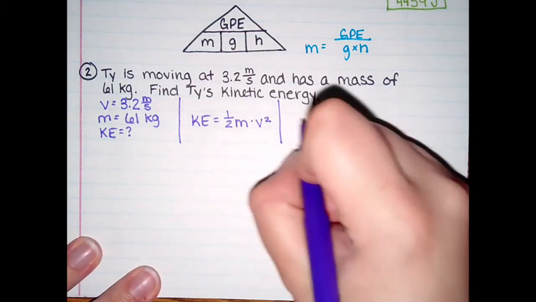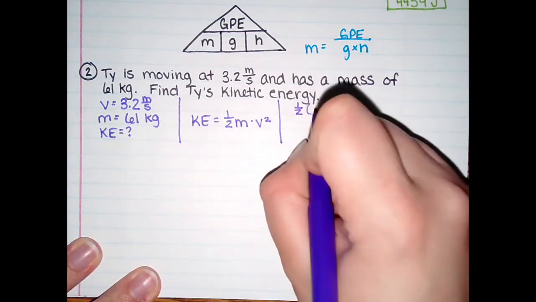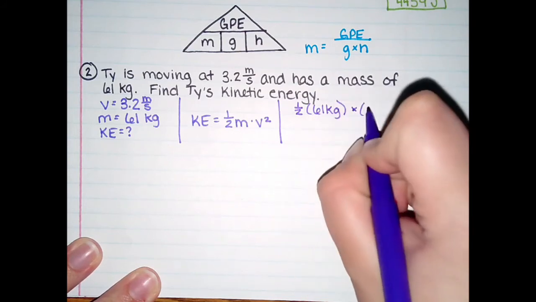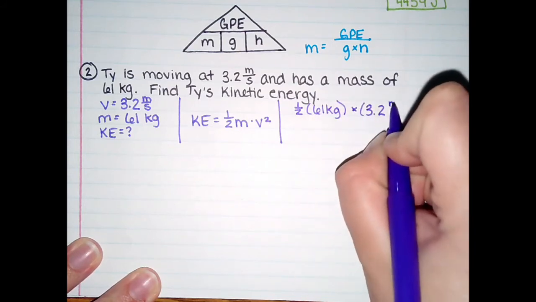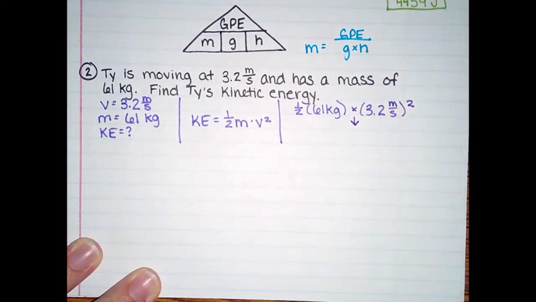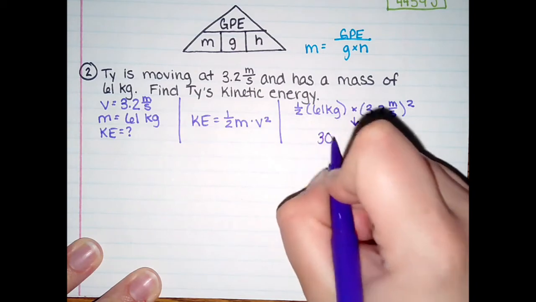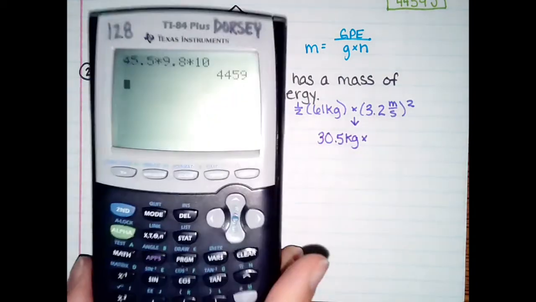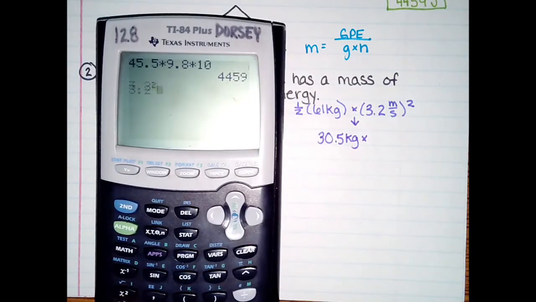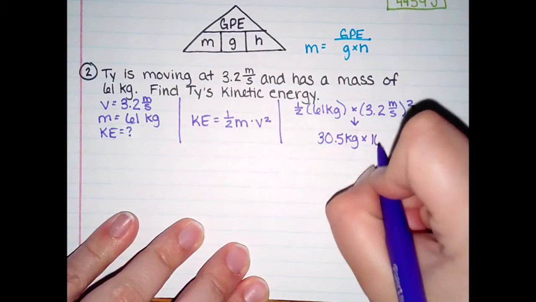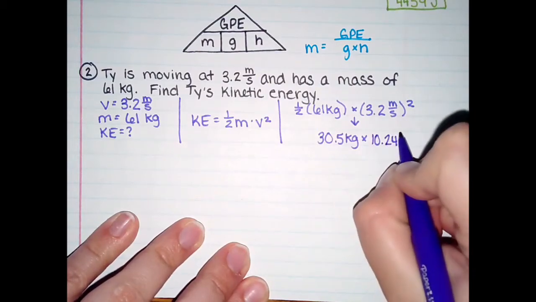One half of 61 kilograms times 3.2 meters per second squared. Half of 61 is 30.5. 3.2 squared, 10.24, making sure to also square the units.